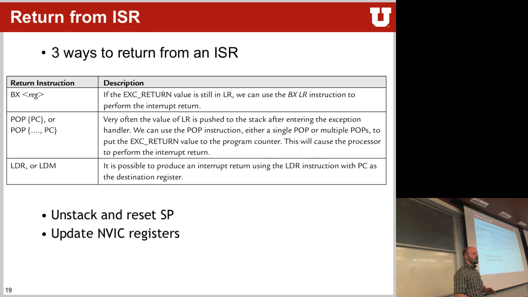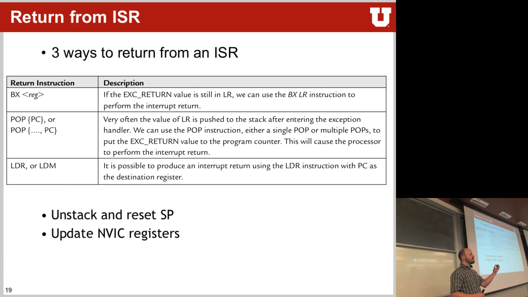Okay. 3 ways of getting out of your interrupt service routines. As you notice, the LR has this weird EXC_RETURN value. What you can do is branch to the link register, which then tells the microcontroller we are actually returning from an interrupt, and it will revert the operations that it did before in the inverse order, and jump back and execute again from where it left off.